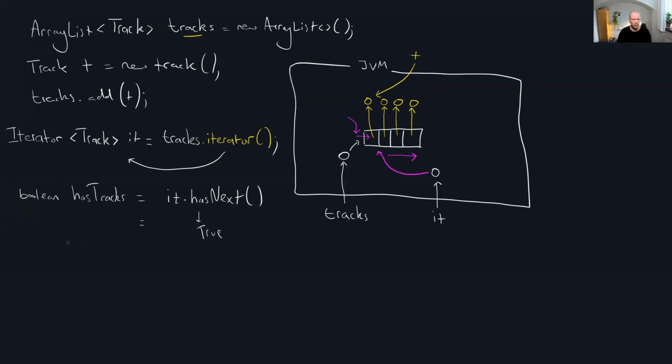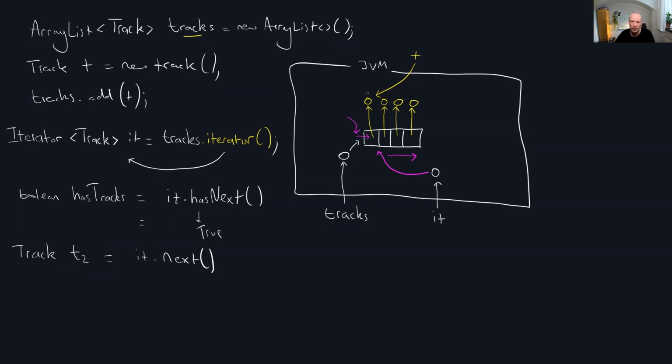If we want to do something with that, we can actually grab that object. So I'm going to have to call this t2 because I had my t up there. Track t2 becomes it.next(). Again, in this case, next doesn't mean we have moved from the first element to the second.